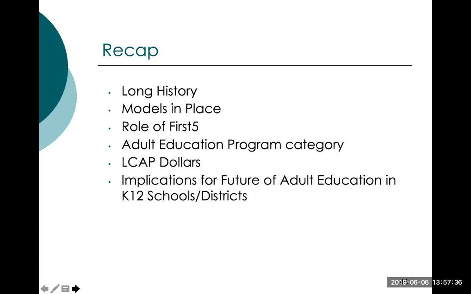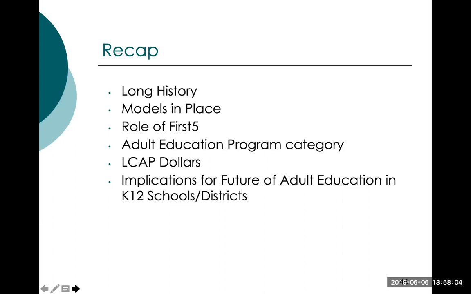Okay, so we only have a few minutes left, so a quick recap here. We talked about adult education history, experience, and expertise in parent education and early childhood education. We talked about a couple of models that are in place, and then all of you have shared a lot of information about other models. We shared information about a potential key partner. In fact, the key, again, to the governor's budget is First Five. We looked at the adult education program category for this work.